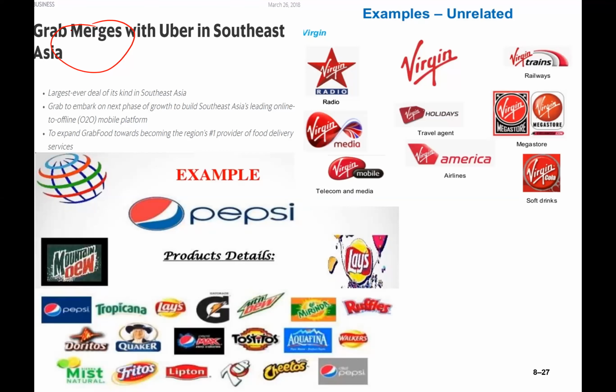Uber was the first that went into the e-hailing market in a big way. It came to many countries in a big way. It started in the US, and then it came to every country, including Southeast Asia. Then came this company called Grab.